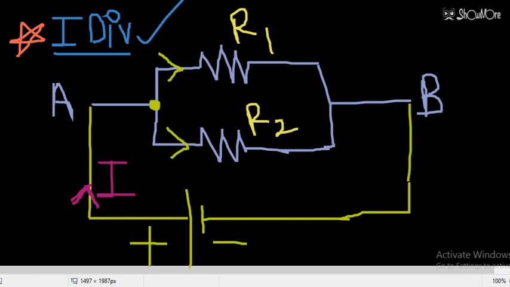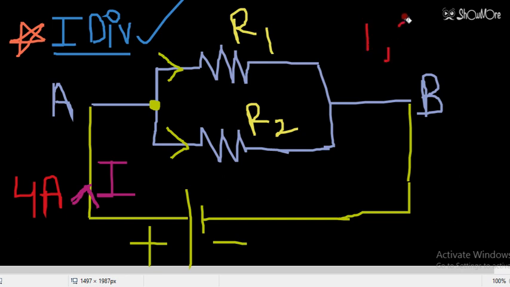Like you can see here, current is divided into two parts. These two parts can be equal also. Now these are the key points. Let's suppose 4 ampere current is coming from here. 2 ampere will flow in the upper branch, 2 ampere will flow in the lower branch. Then we say it is parallel. Either the current is equally divided, meaning 2 ampere and 2 ampere, or it is unequally divided, like 1 and 3.